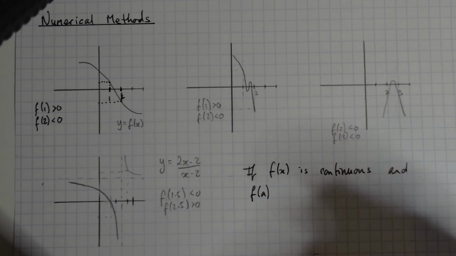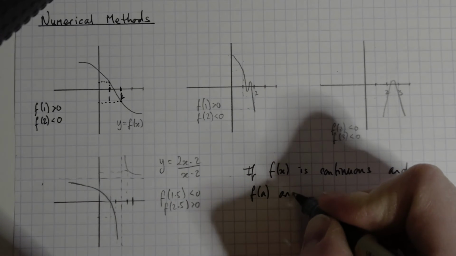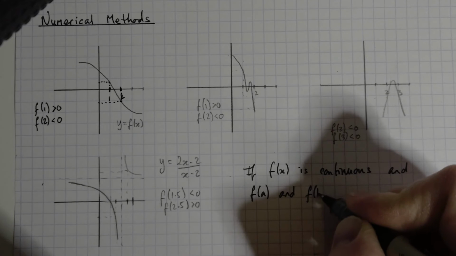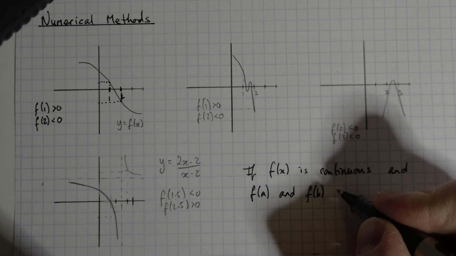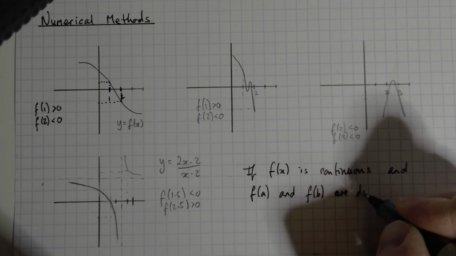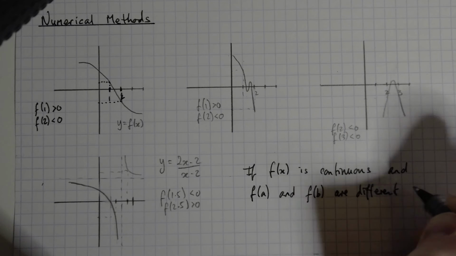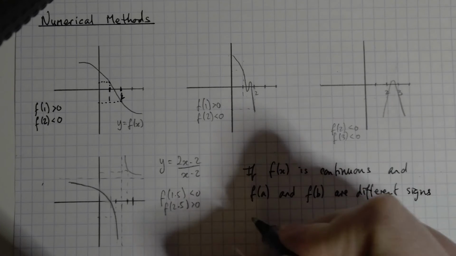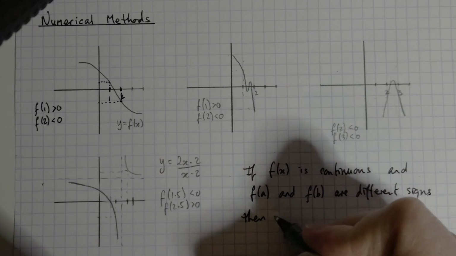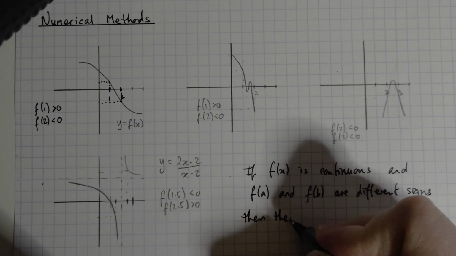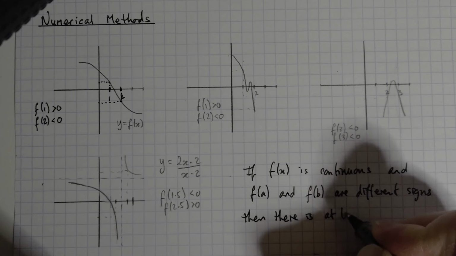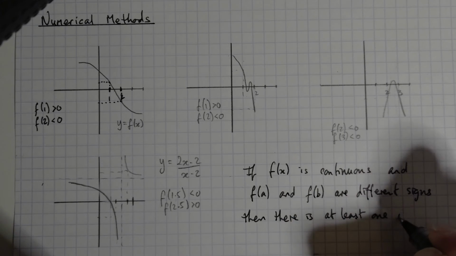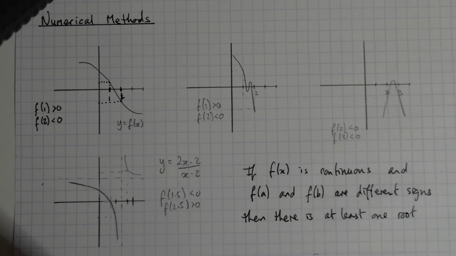It could be the other way around. So if f of a and f of b are different signs, then there is a root. So there is at least 1 root in the interval AB.